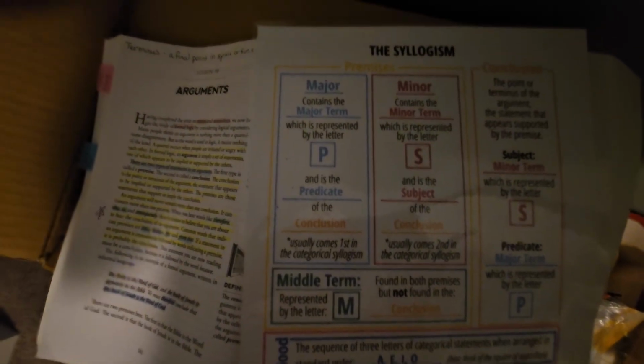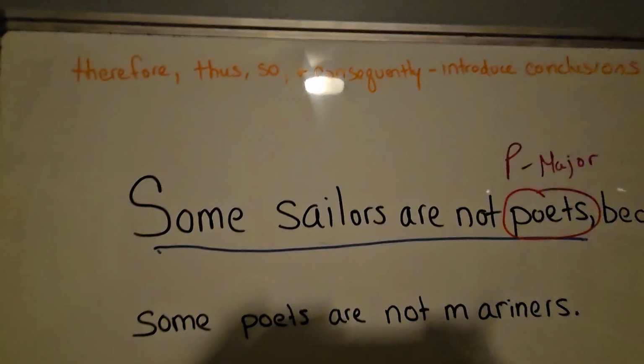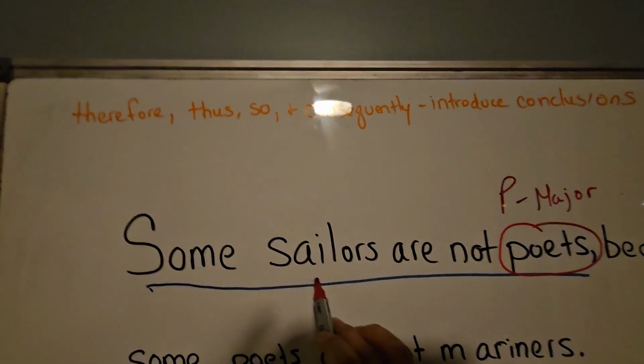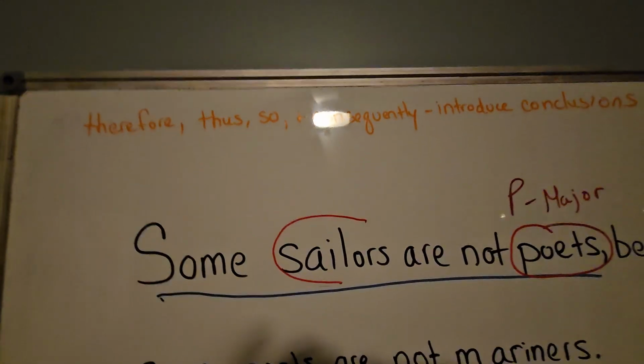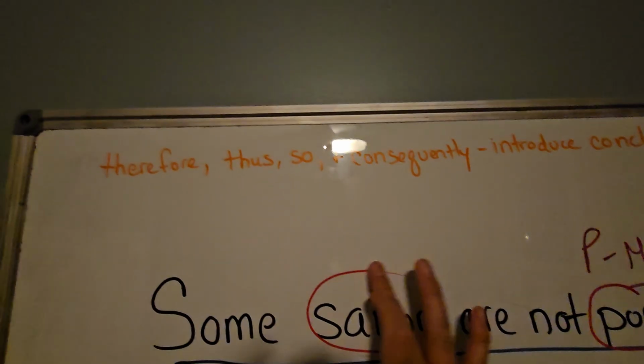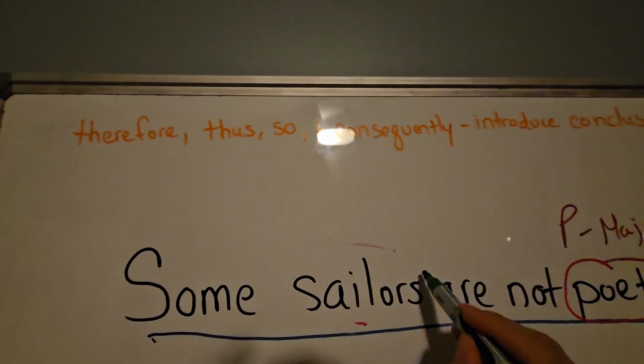Now the chart will also tell you that your minor term is in the subject of your conclusion. So up here, sailors is my subject. So sailors, oops, I've got to use a different color. Sorry. I'm going to use green for my minor term.